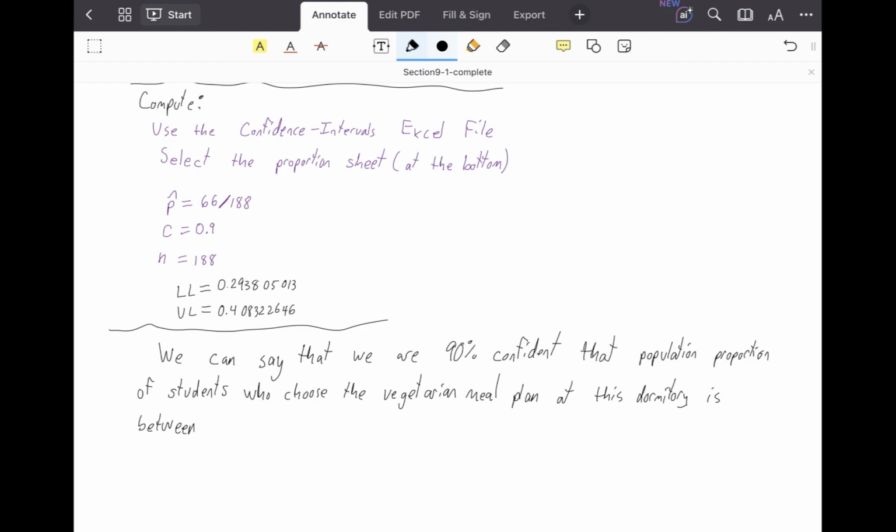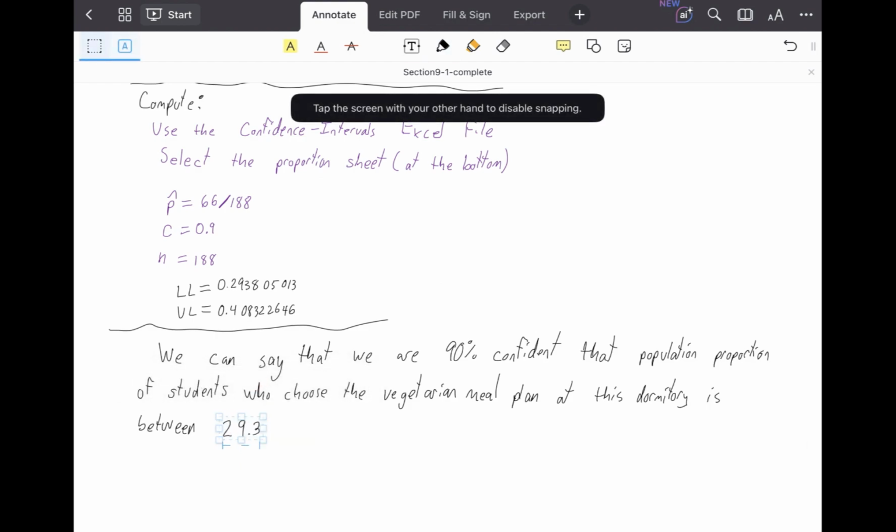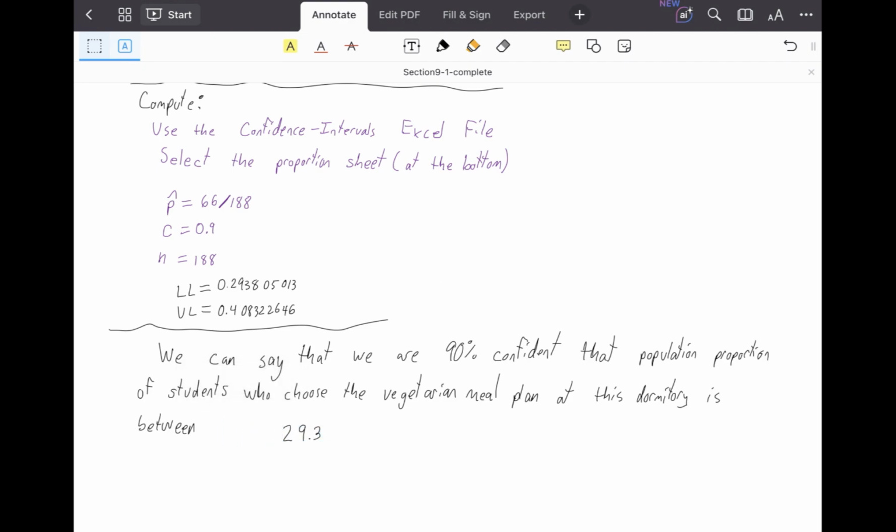I'm going to write it as percentages just because I like communicating with percentages versus the decimal. 29.38. I guess we could say about 29.38% and 40.83%.